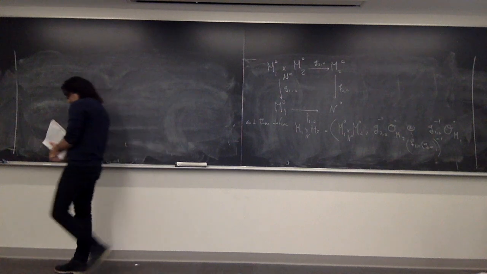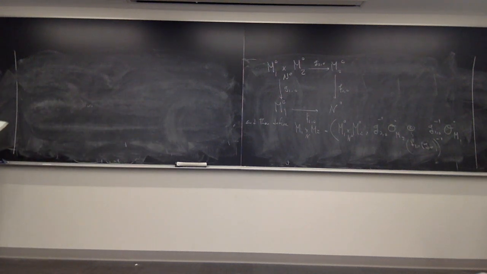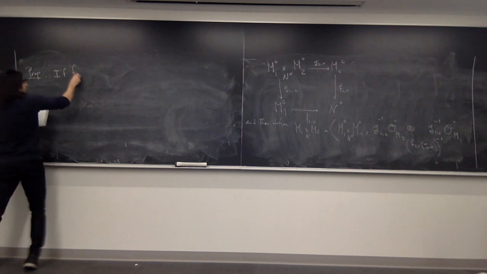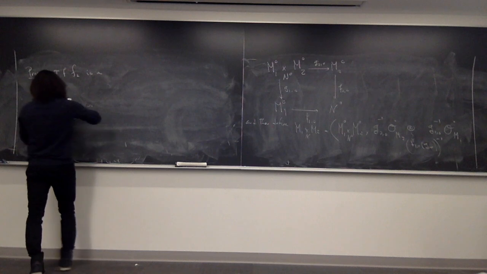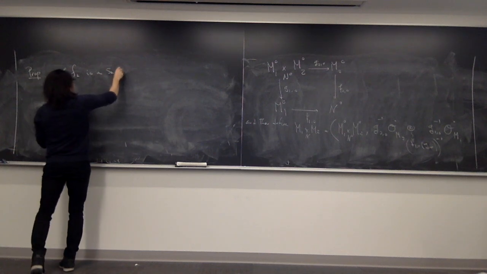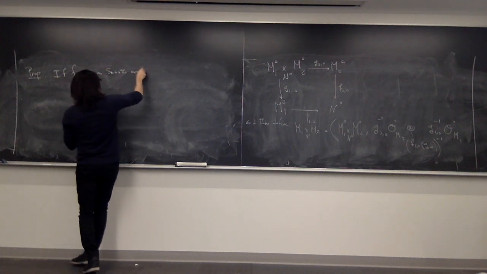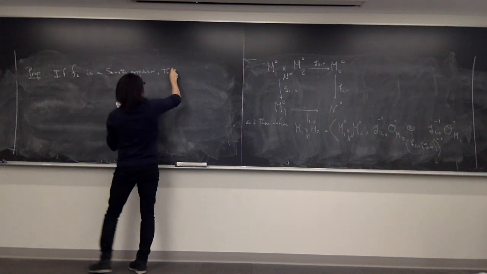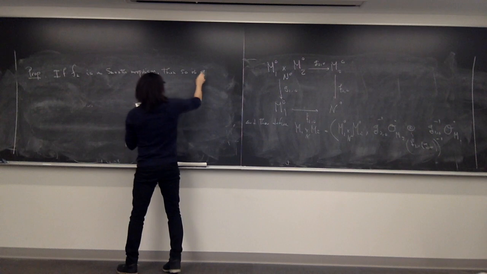Okay, so you have this. Now, proposition: if F2 is a smooth morphism, then so is G1.